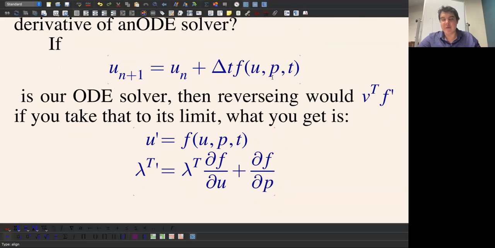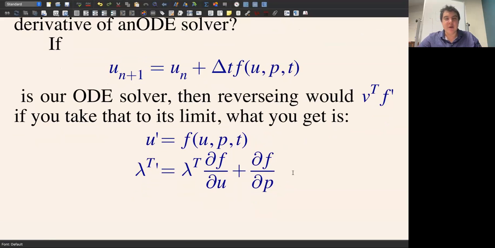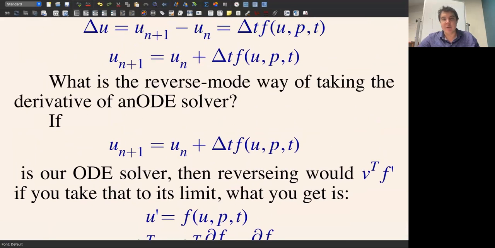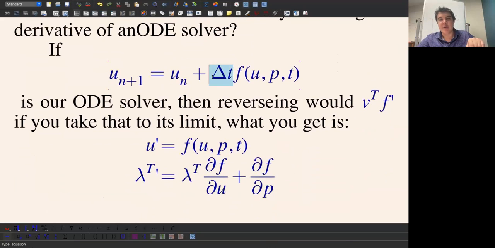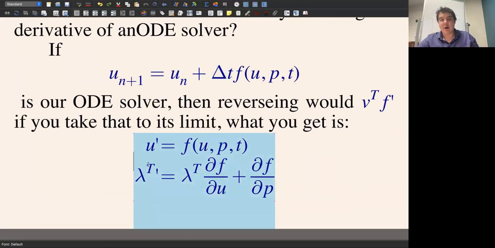Essentially, if you go forwards with Euler's method, you reverse with Euler's method, but then you divide by delta t and send delta t to 0, you see that you're actually solving an ODE.